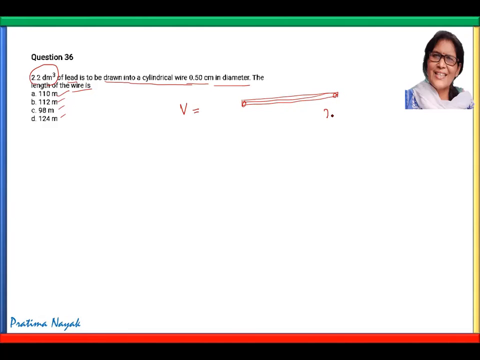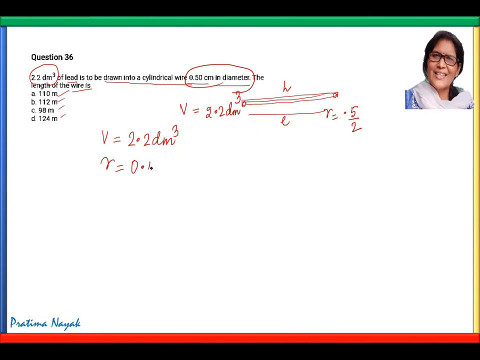Here r is equal to 0.5 by 2 because diameter is given. This is the radius and the volume is equal to 2.2 decimeter cube, and you have to find the length of the wire. That means you have to find the height of the cylinder. So V is given 2.2 decimeter cube, r is given 0.5 by 2 centimeter. You have to get your length.